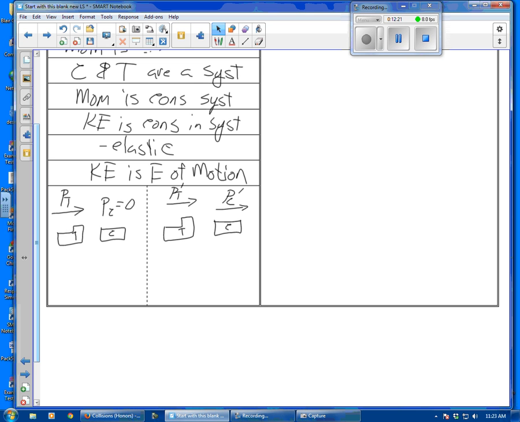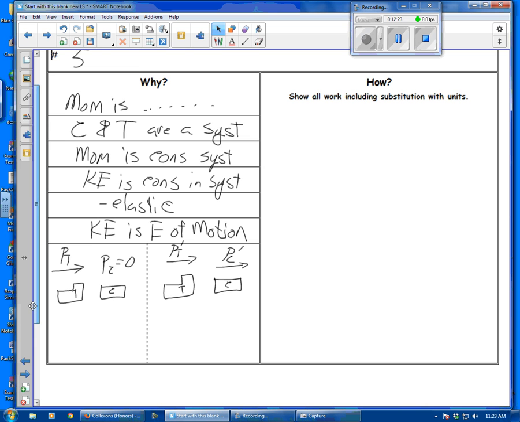So I'm going to take to the right as positive. I'm going to start off with the fact that momentum of the system is conserved. Before the collision, I have 2 bodies. After the collision, I have 2 bodies.